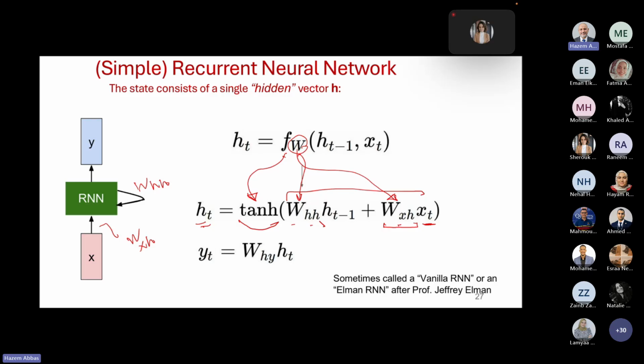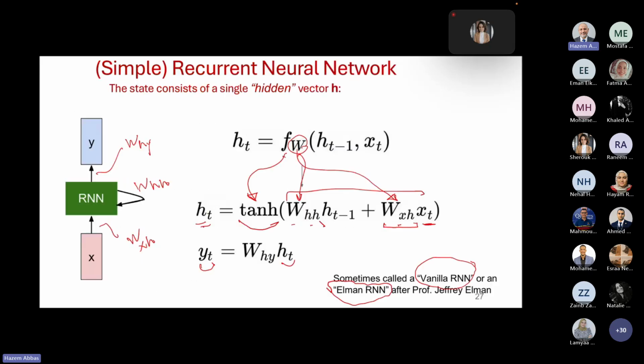The output is only dependent on h_t, so there is no recurrence in the output. So y at time t is W_hy multiplied by h_t. And this is called the vanilla RNN. It was introduced by a guy called Elman in the 80s.